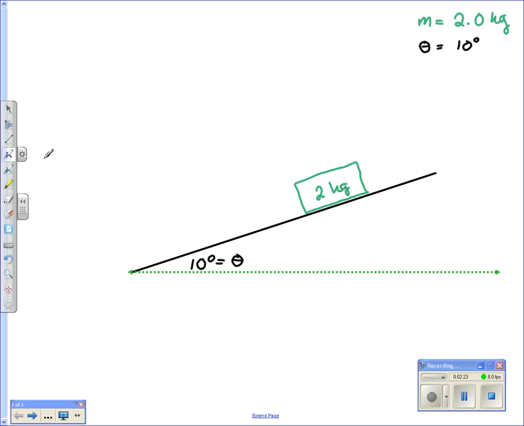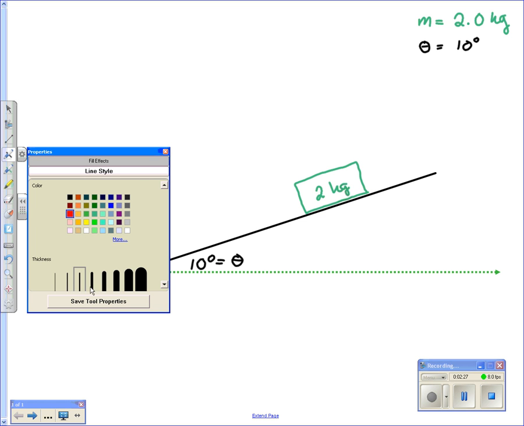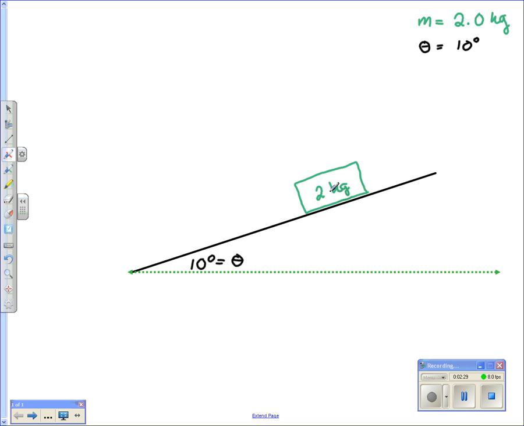First thing we need to do when analyzing a problem like this is we need to draw all of the forces acting on this particular box. So first of all, we have gravity, and that's acting downward. We also have a normal force, which is acting upward, and it's perpendicular to the surface.